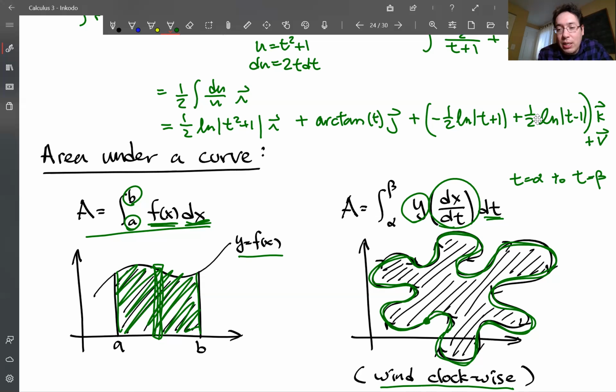For any particular point, we're multiplying the height of the rectangle by the change in x. But the change in x is, instead of dx, going to be the rate of change of x times how much time it took. So rate times time gives you the change in x. So let me draw exactly what's happening here, and hopefully I can convince you that this is going to give you the area.